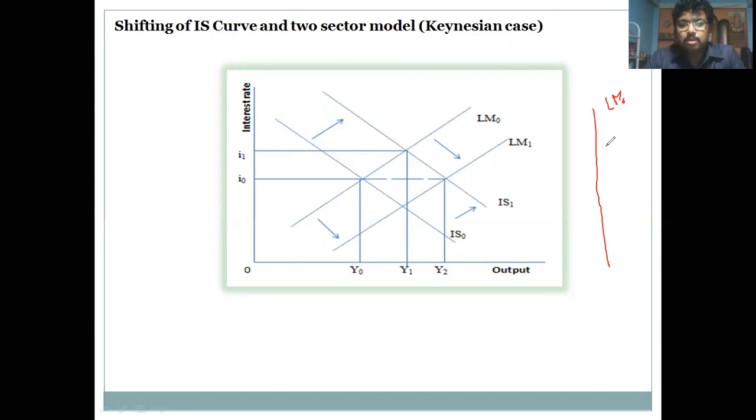Now if the demand for money is perfectly interest elastic, then the LM curve will be a line which is parallel to the horizontal axis, like this, LM0.